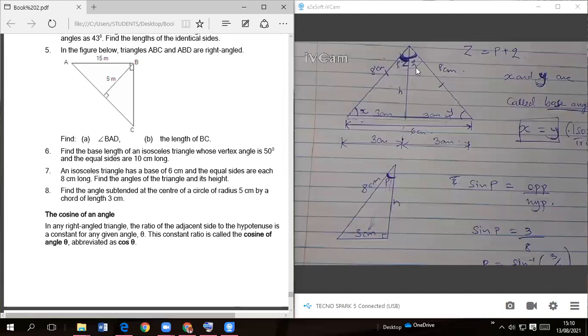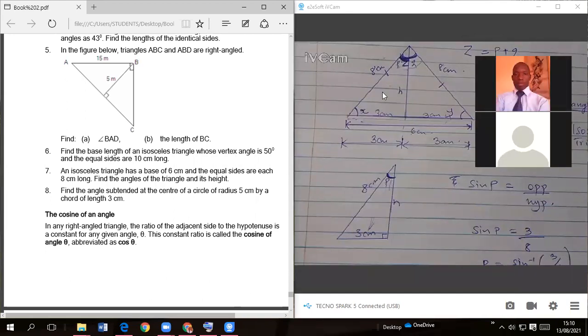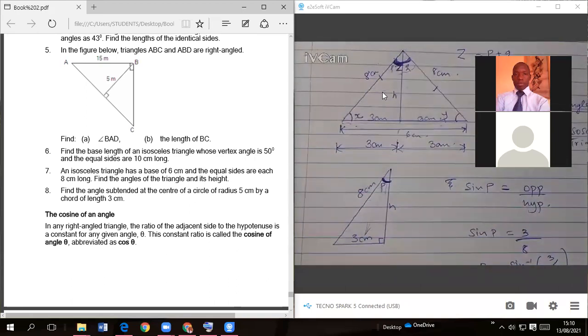But we know this is an isosceles triangle. So how can we get X and Y? Maya, how can we get X and Y? Yes?